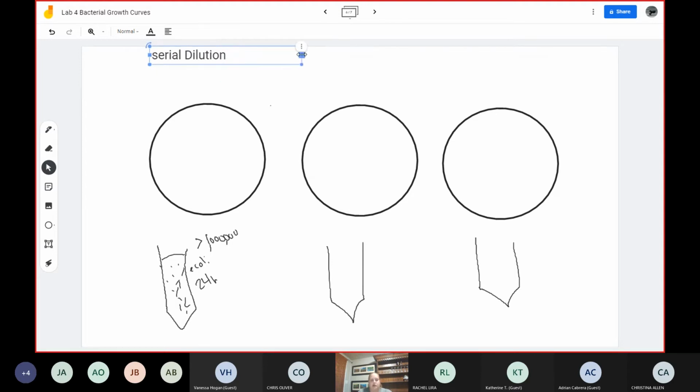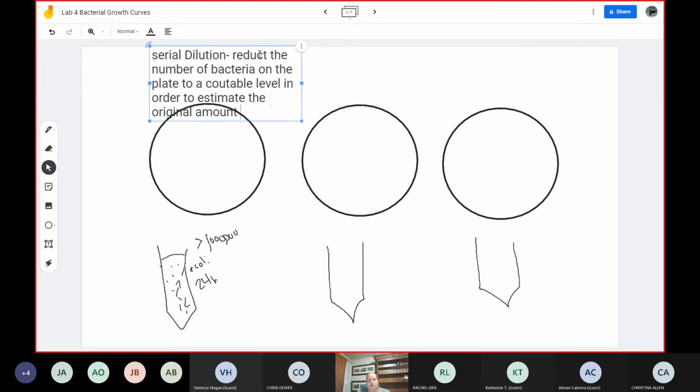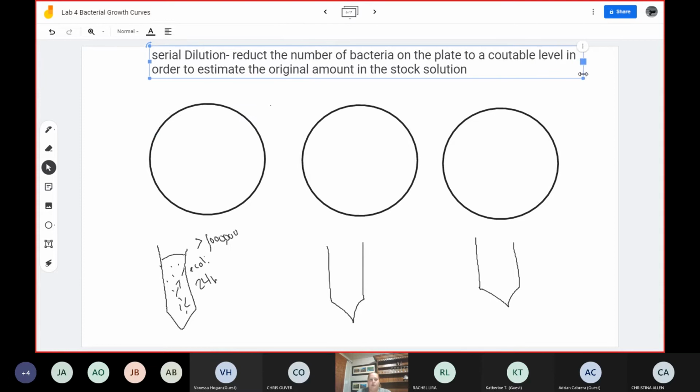The goal of a serial dilution is to reduce the number of bacteria on the plate to a countable level, so that you can estimate the original amount in the stock solution. Whoa, I can't spell.